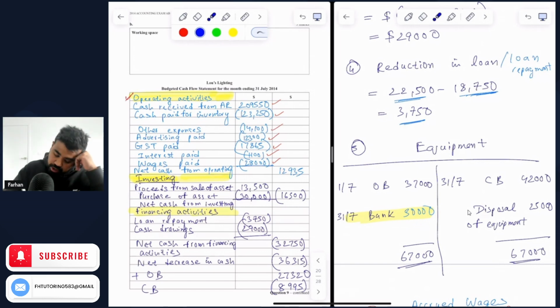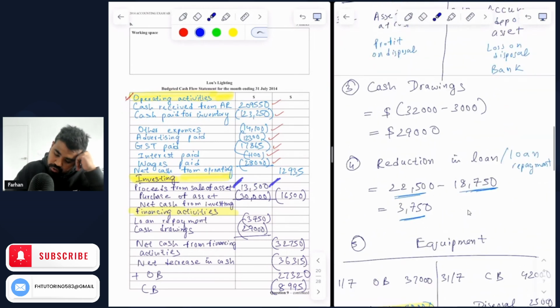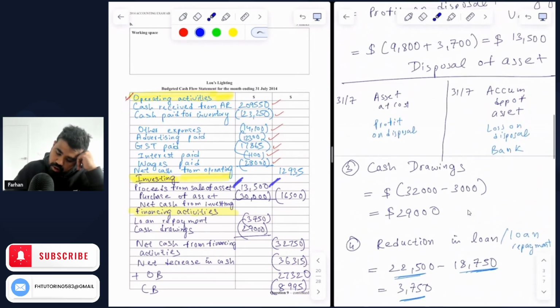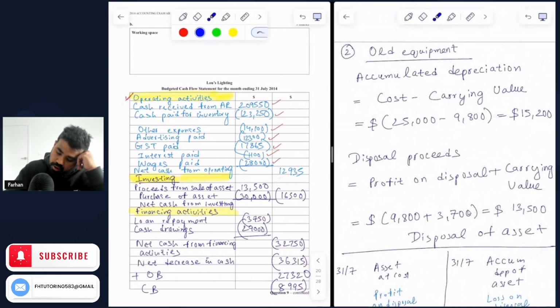And proceeds from sale of equipment was $30,500, which is also something we have calculated ourselves, as you can see here. Profit on disposal plus carrying amount, which gave us $30,500. And this is disposal proceeds, which is a cash inflow, and that is why it is shown as a positive here. So these are the only two items to take care of.